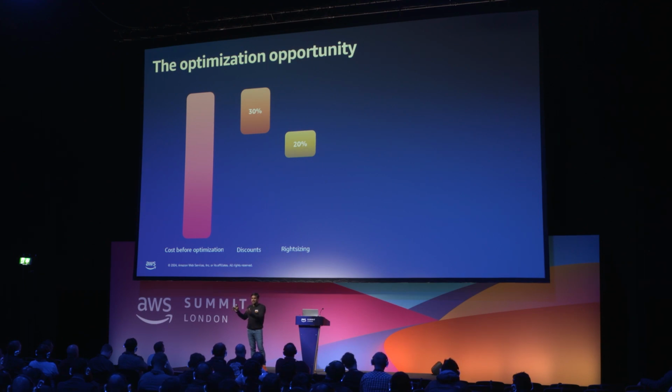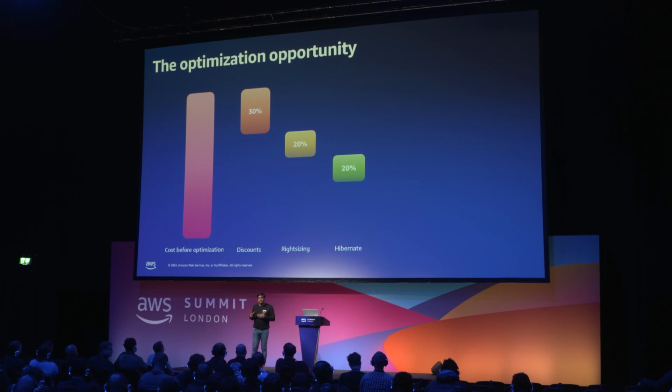Once you identify that, then this could provide you around 20% of savings. So one thing you notice here is, once you do the right sizing, then you can apply discounts on top of that instance. So ideally what you're doing is you're adding up these 2 recommendations, which will provide you around 50% of savings.